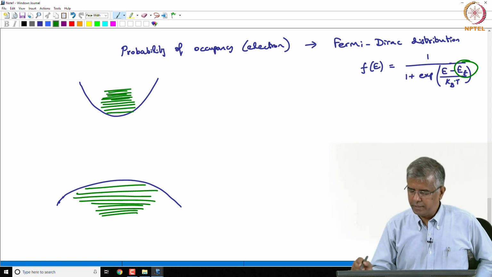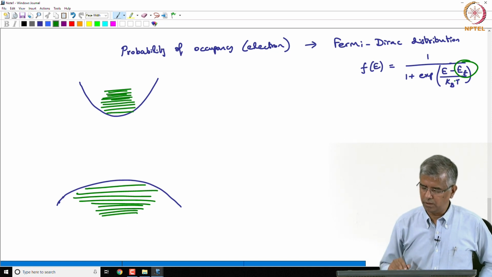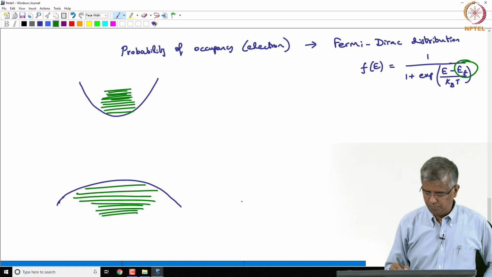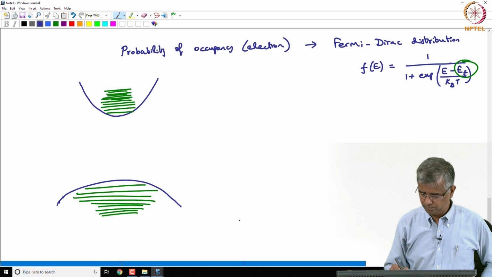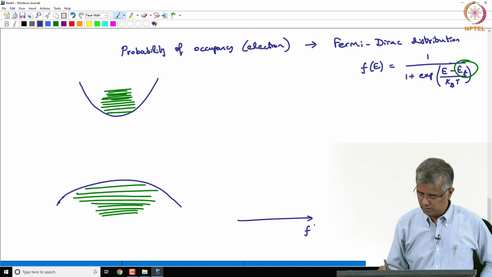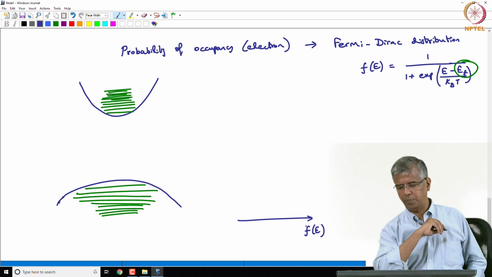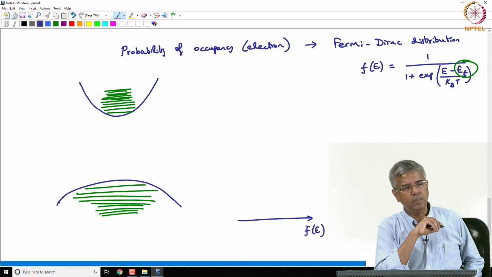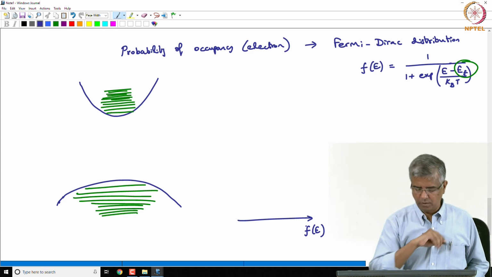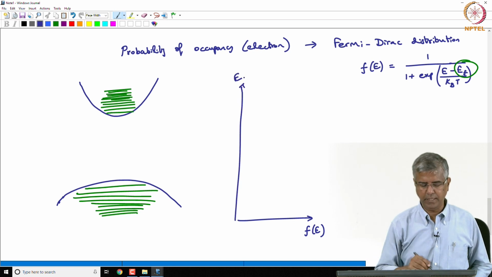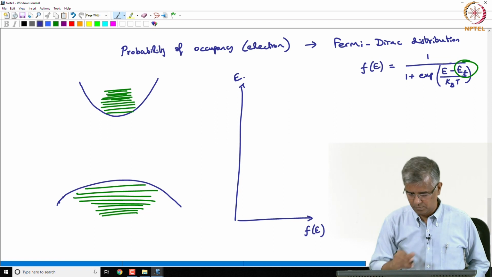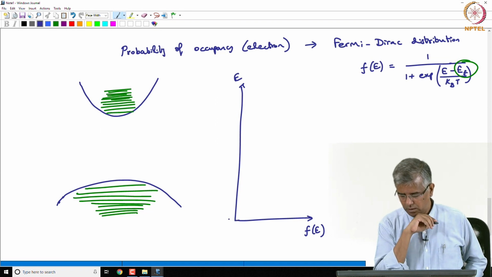So, according to this expression, if we plot, let us say, on this axis we are looking at f of E, right. The probability of an electron occupying one of these energy levels as a function of E, right. E is increasing in that direction. Okay.